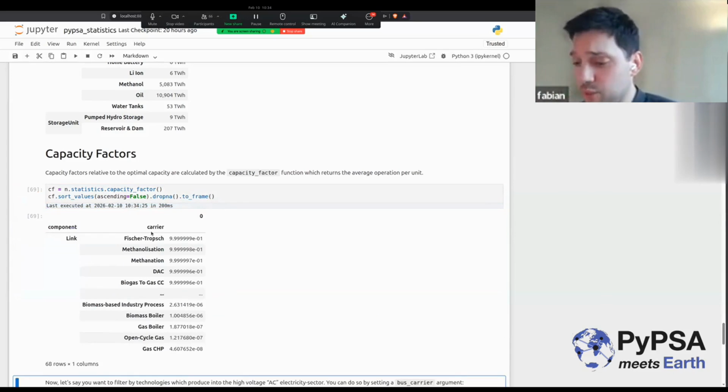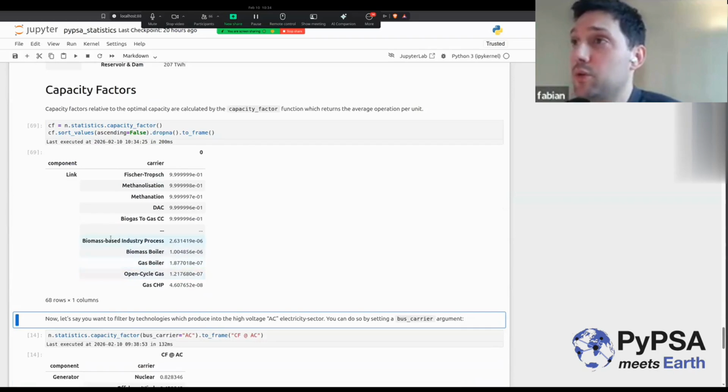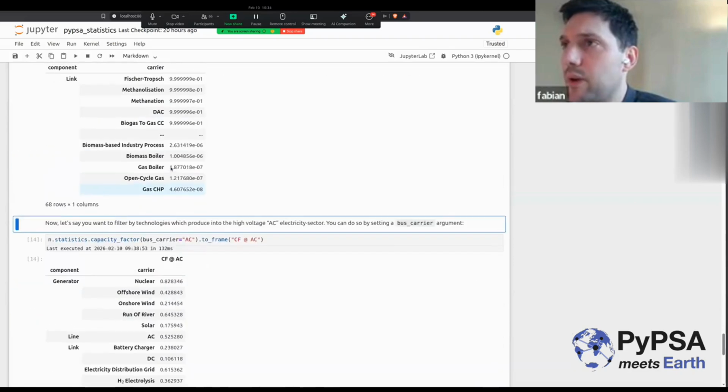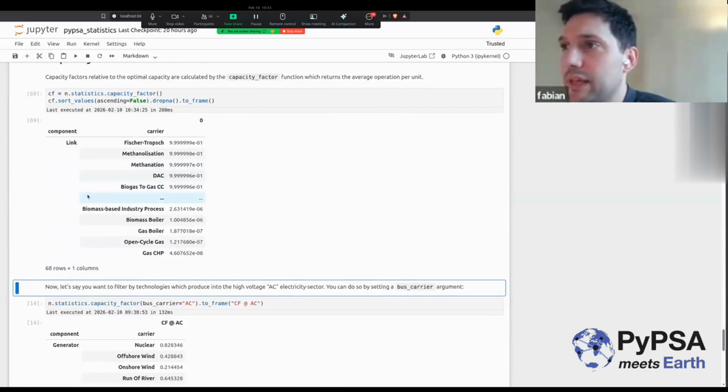Most of the time you would have to calculate it manually in PyPSA. You get the operation time series, like the p, and then you divide that by the optimal capacity. You'd have to do that for the links and for all the components. And now it's running that for you. This is quite useful as well.